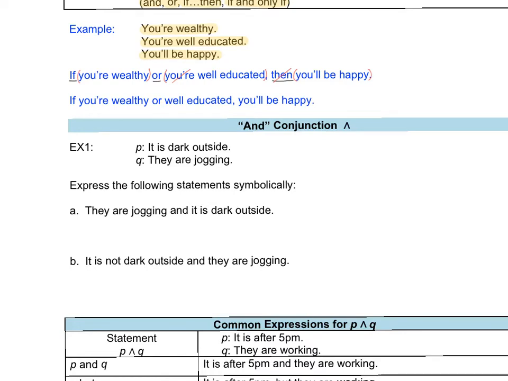Symbolically, if I were to call P, you're wealthy, Q, you're well educated, and R, you'll be happy, notice that this statement would be P or Q, then R. Now I rewrote this using my grammar rules, but my simple statements are still P, Q, R, written in the same order.